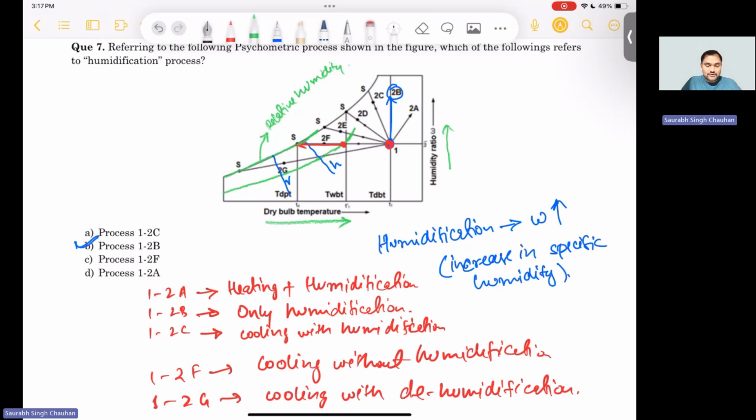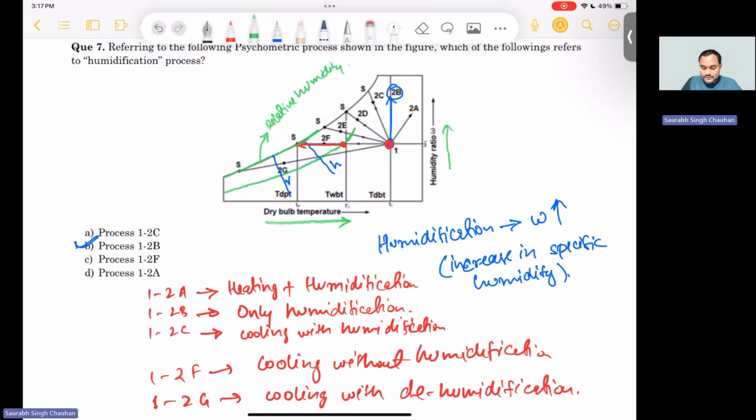If you increase the dry bulb temperature without changing humidity, you feel dryness on your skin because of reduced relative humidity. Okay, so if you want relative humidity to be in the human comfort range, you will have to do humidification with the heating.